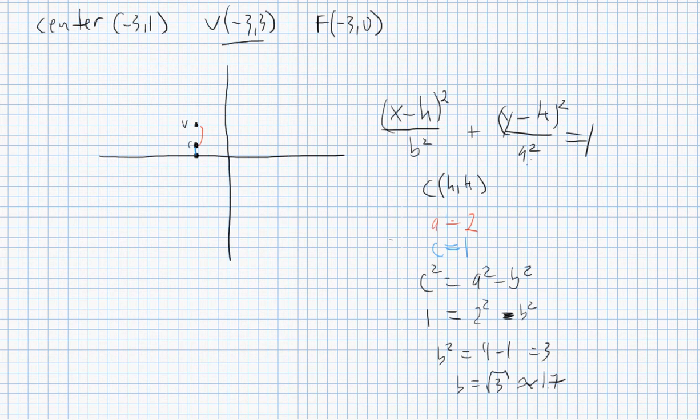So we know that b squared in the equation is 3, so we're just going to put (x minus negative 3) quantity squared, from the center point, over 3, which is the b squared, plus (y minus 1) quantity squared, again from the center point, and then that's going to be over 4, because a squared is given as 4, since a is equal to 2.